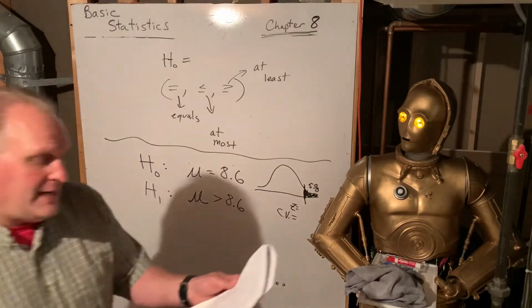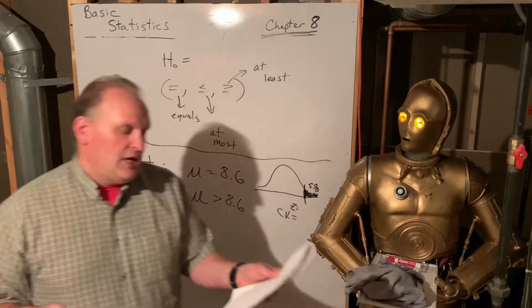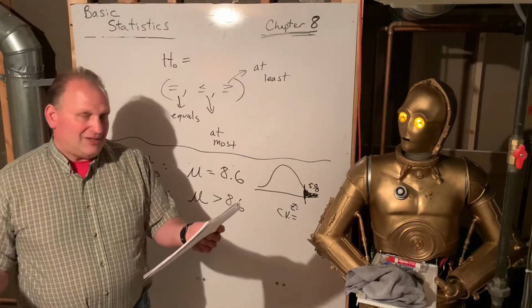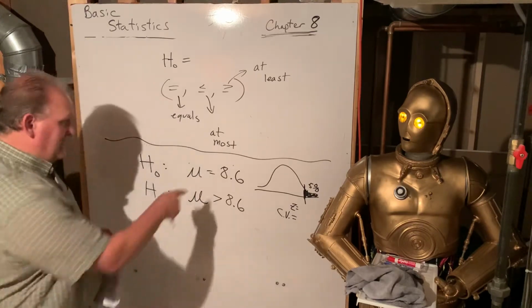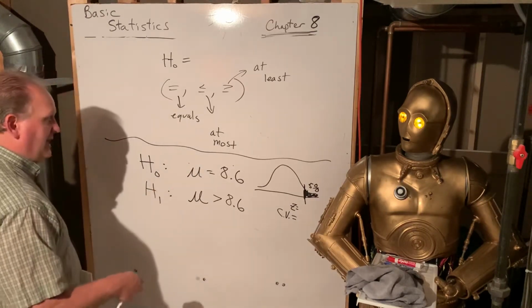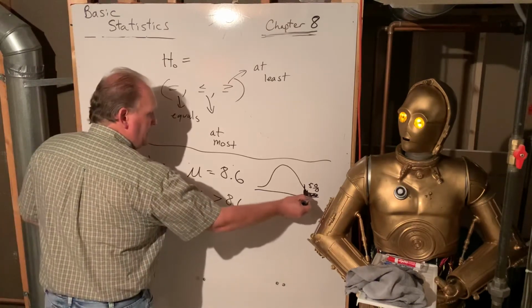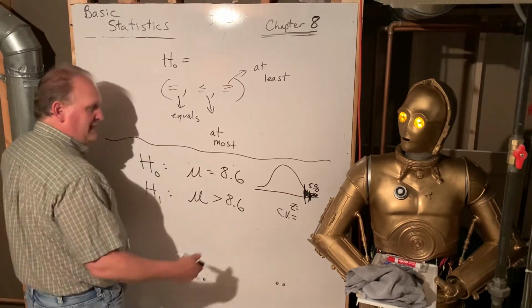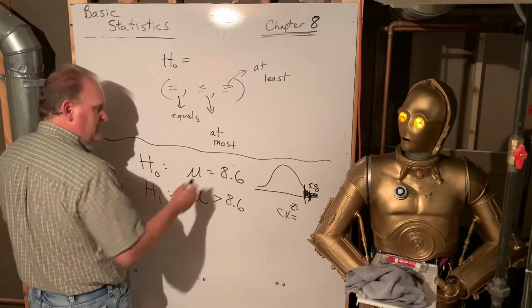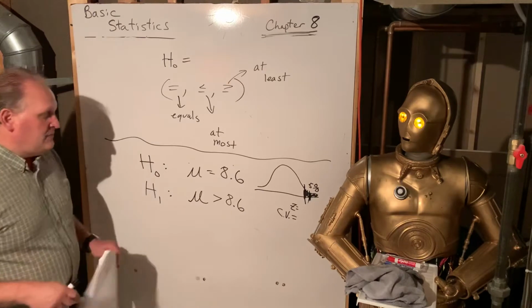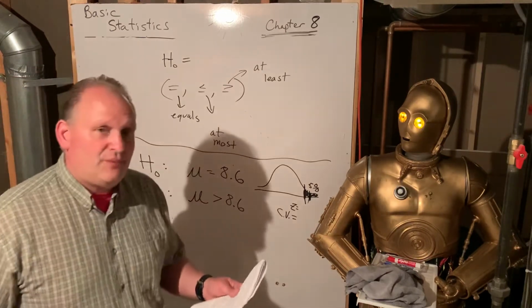Ooh, a type 1 error. So type 1 and type 2 errors. Reject the null when it is true. That's called a type 1 error. So in this case, I ended up in the shaded area with my sample and I rejected the null. And so then I concluded that, hey, the pills do make a bigger baby. It's greater than 8.6.